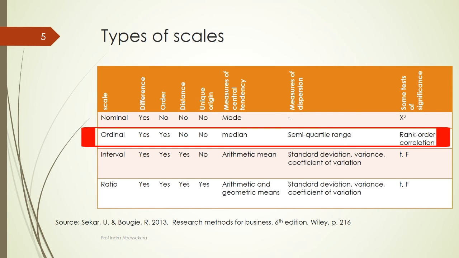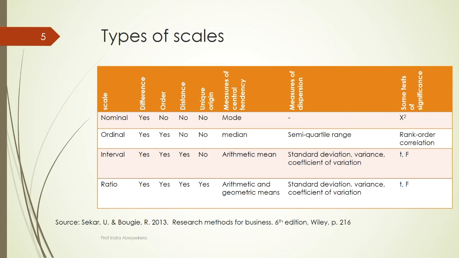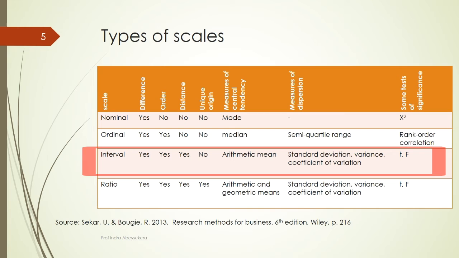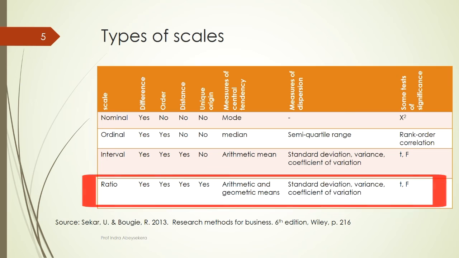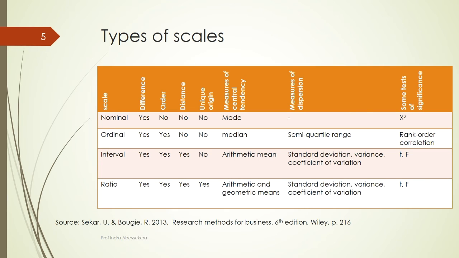For nominal, we can talk about the most occurring number, and for the interval scale, we can look at the arithmetic mean, and for the ratio scale, we can look at the arithmetic mean and also the geometric mean.